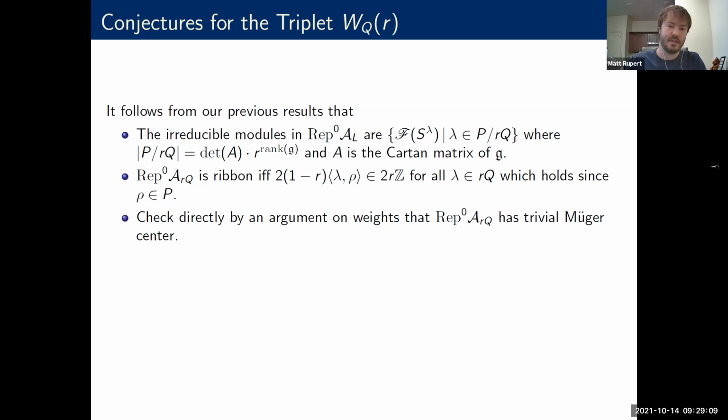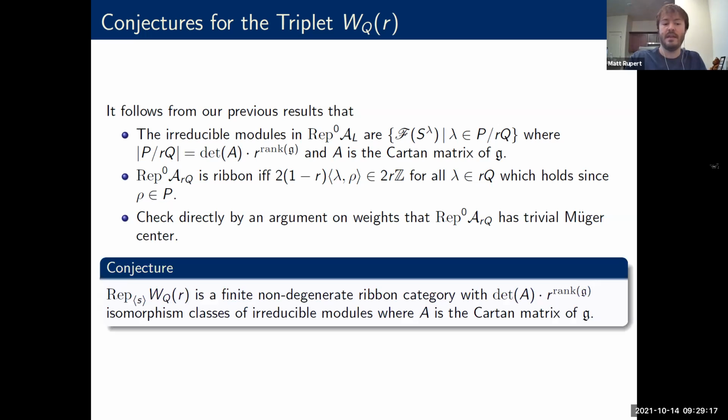And you can check this, and it does. So this leads us to a conjecture for the higher rank triplet algebra. This conjecture is that the category of modules is finite, non-degenerate, and ribbon, and the number of isomorphism classes is precisely the determinant of the Cartan matrix of G times r to the rank.